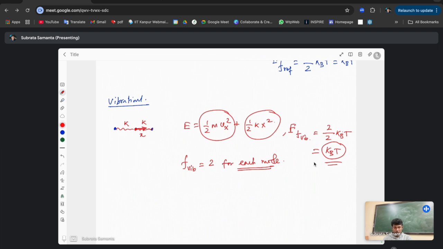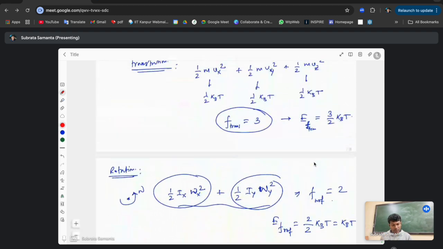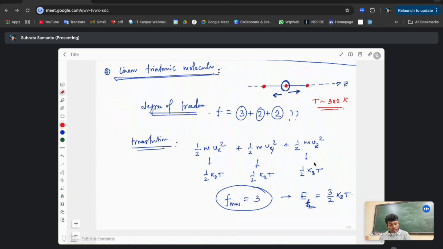That is very important. So for one translation mode, we have 1 degree of freedom, but for each vibrational mode there is 2 degrees of freedom, where x and Vx.